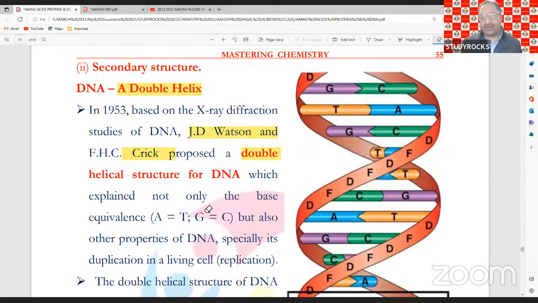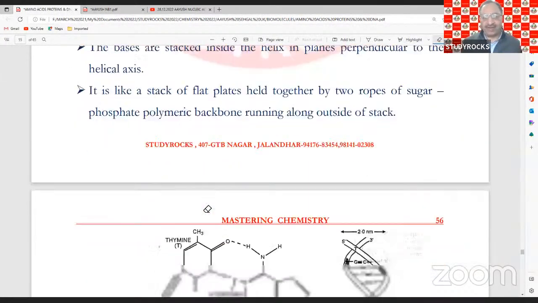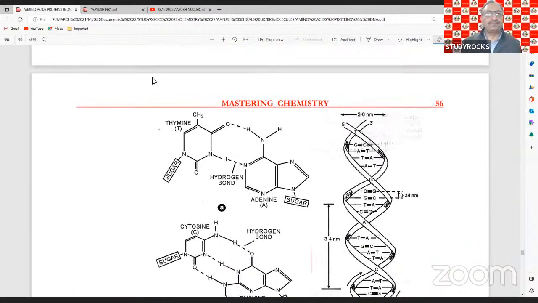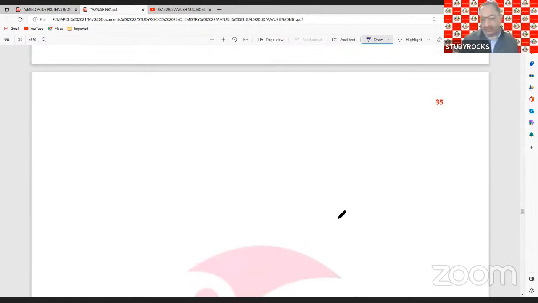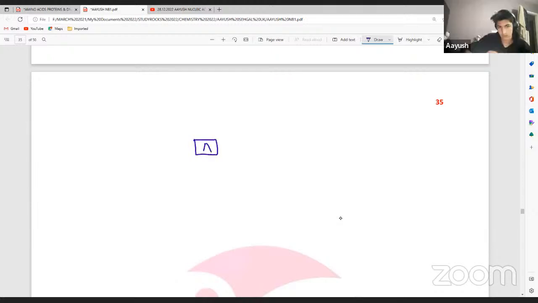It's the AT by GC ratio. The simplest way to draw it, I think you must have studied it in bio. Draw like this with your own hands. The simplest way. This is adenine, joining with thymine.